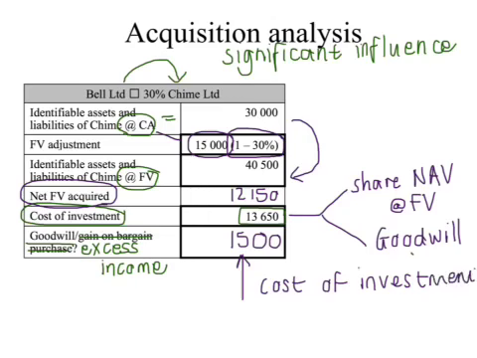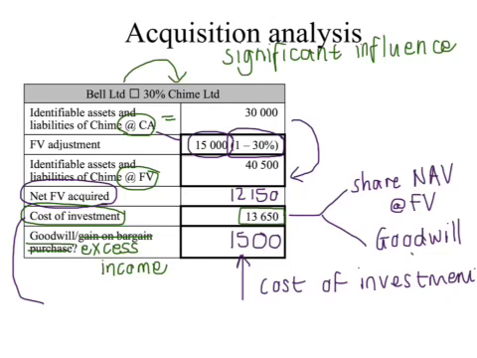So in Bell's accounts, we will have a line item, investment in Chimes Limited, at 13,650, and that includes the goodwill that we've acquired.